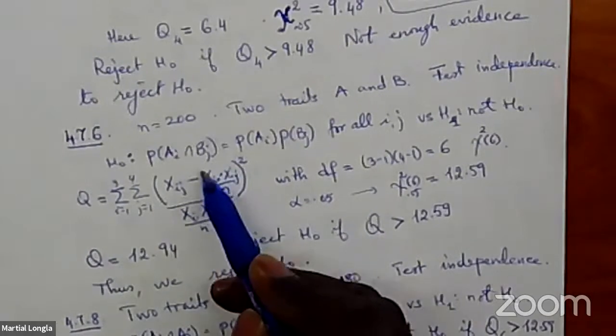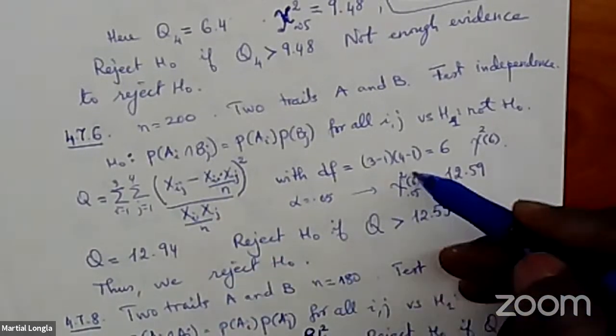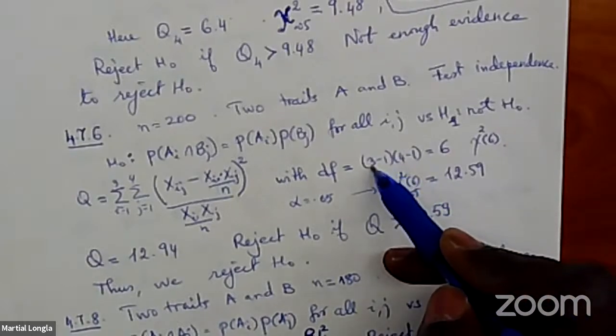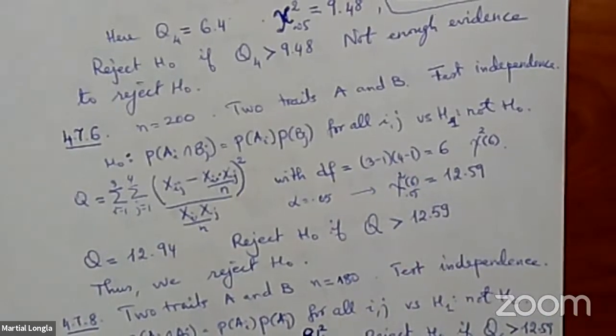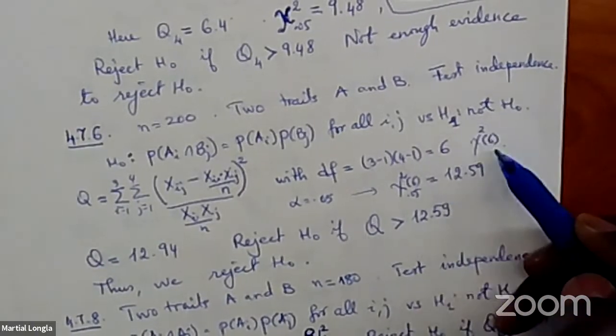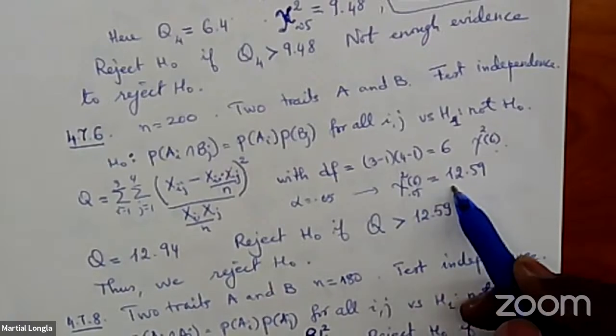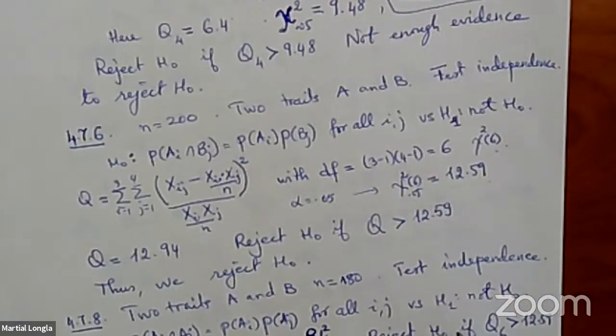And then you divide by that same product that is there, which is this. And in this case, the df is a minus 1 times b minus 1, which is 6 in this case. So you're looking at chi square with 6 degrees of freedom. Alpha is 0.05, and then the number is 12.59.